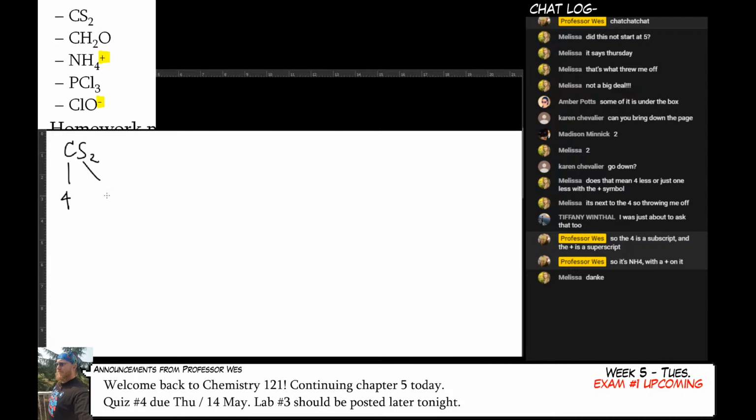If I count its valence electrons, there are 2 sulfurs, so that's 2 times 6. Carbon is 4. That's 16. And what you'll notice is that as you do this structure, in every possible way, it resembles CO2.